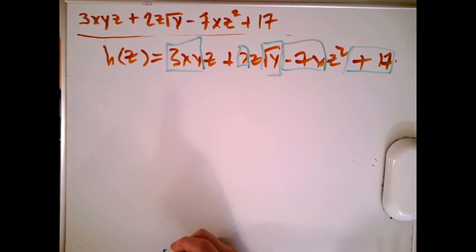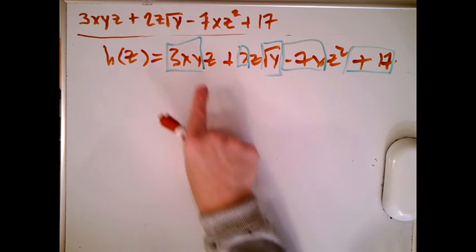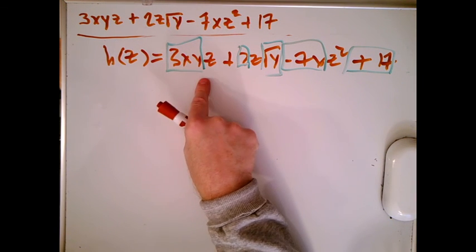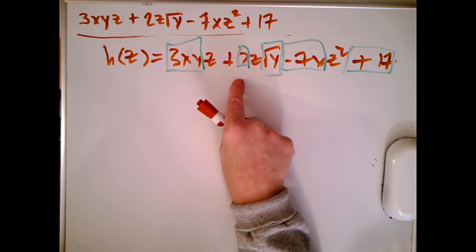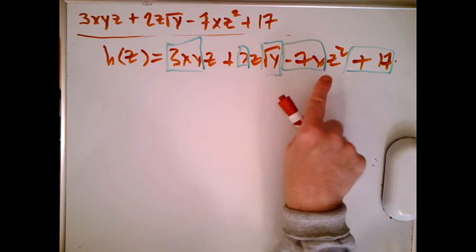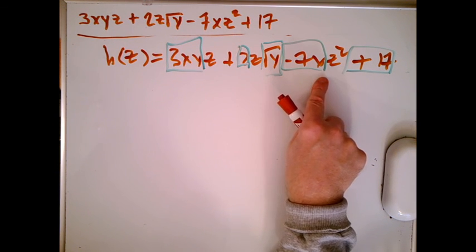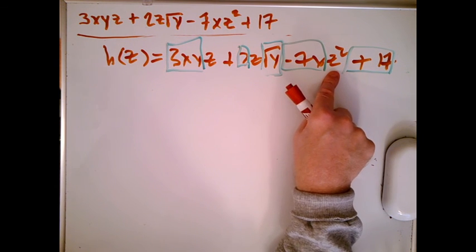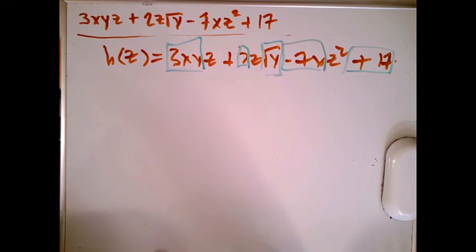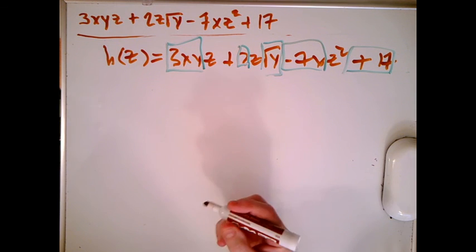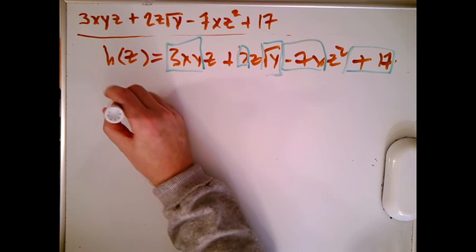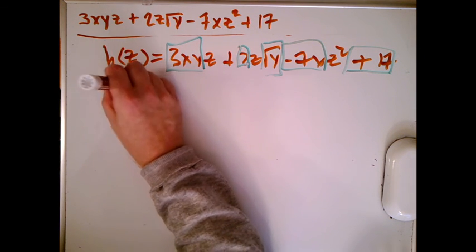And the question is, what's left, a linear function in z? Well, this part is fine, because that's just a constant times z. This part is actually fine because it's a constant times z. This part is not fine because this is a constant times z squared, which is not a linear function. If I were to graph that, that would curve. So this is not linear in z.